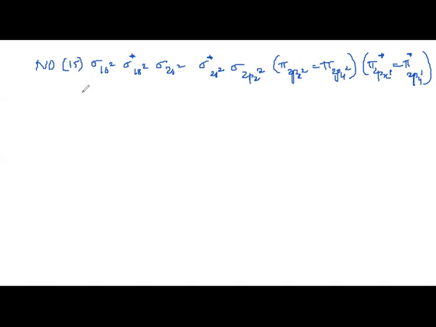So I'm writing it entirely. Calculate the bond order. What is bond order? Number of electrons in bonding minus number of electrons in anti-bonding, divided by 2. So how many electrons in bonding? 2, 4, 6, 8, 10. Ten minus anti-bonding: 2, 4, and here 2 electrons, 6.